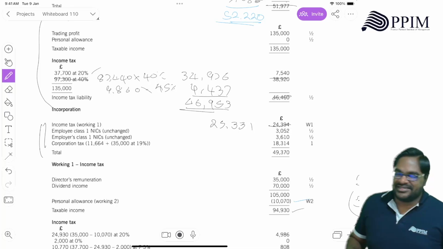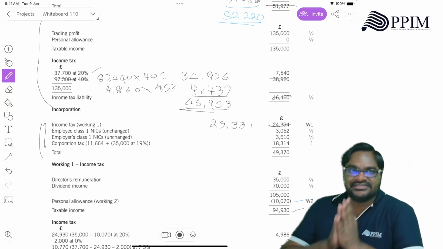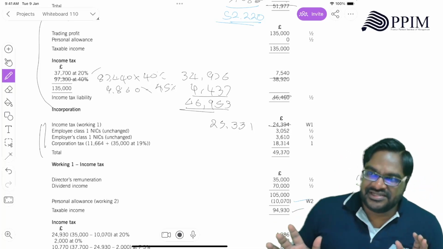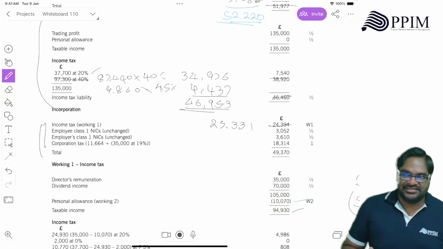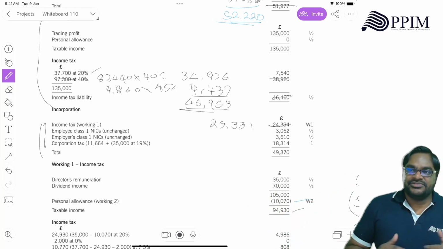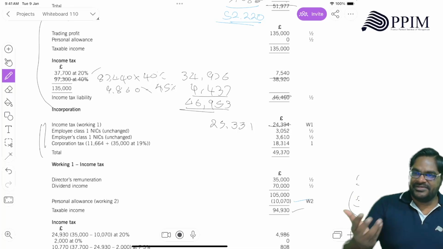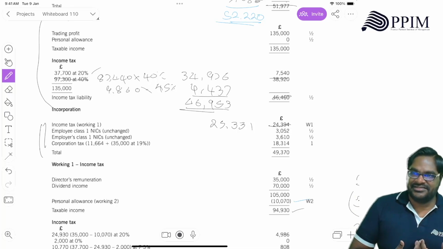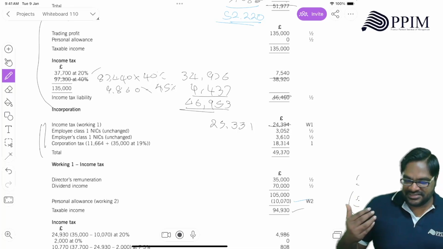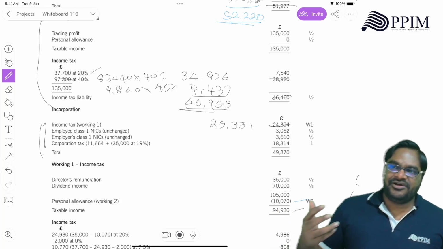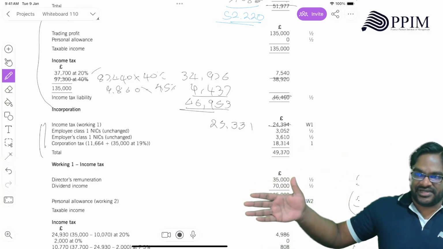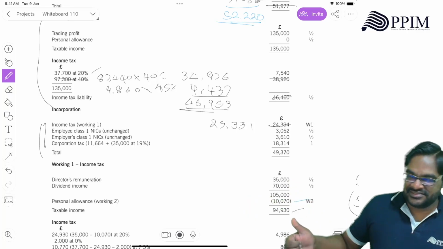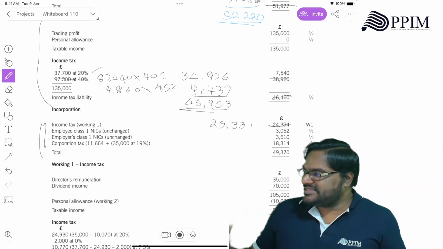Apart from that, in calculations, do not use the 5,000 for NIC, the employer allowance rather, because you don't know the data. You will get the information about one employee only, but the employer allowance is given for the total amount for all the employees you have. Correct? Apart from that, the rest is correct, Rufina.